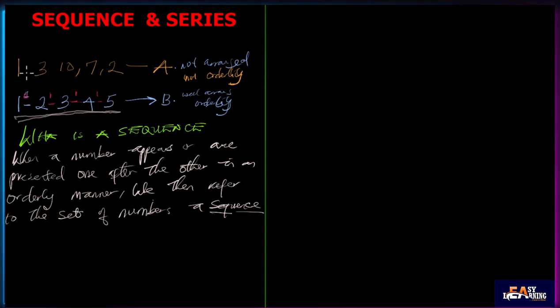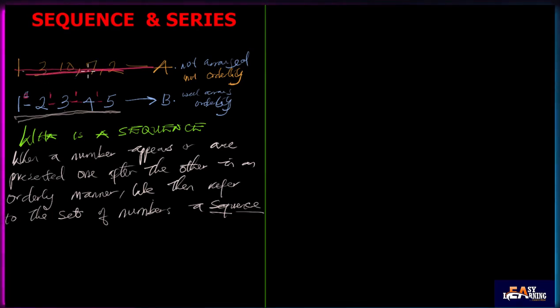This other one here is not orderly, and we cannot call this first set of numbers a sequence. Why can't we? Because the numbers are appearing scattered. After 1 is 3, after 3 is 10, after 10 is 7, after 7 is 2.